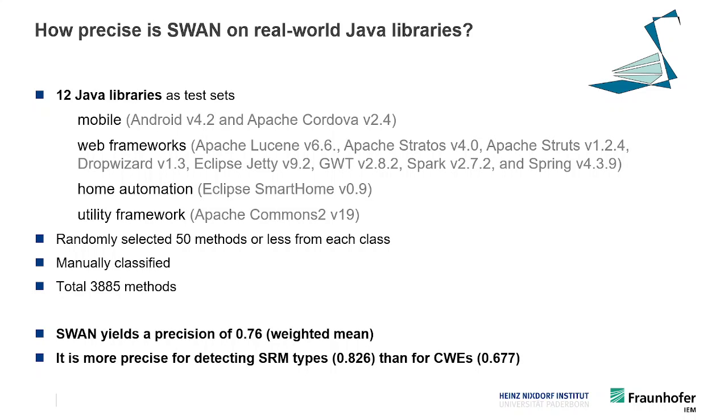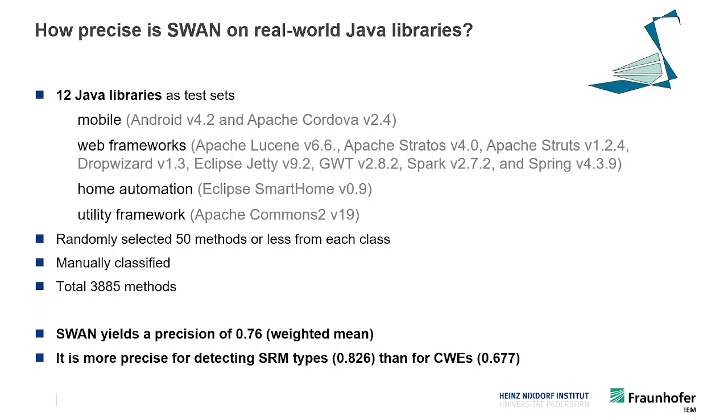Whereas for the classification of the security types, or the CWEs, we are quite a bit lower, at 67.7%, which is the motivation to do something more here.